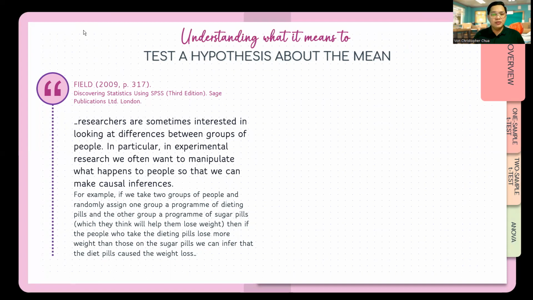And then you give a similar test at the end of their exposure to the study method and compare whether or not the mean from before the intervention and after the intervention are significantly different from each other. So whenever we are interested in these kinds of comparisons, we should be able to employ a test about means.